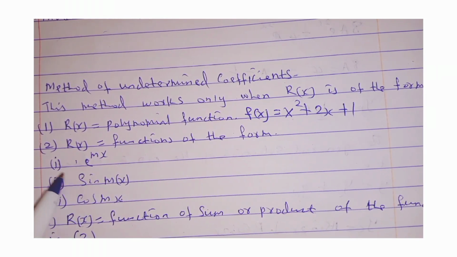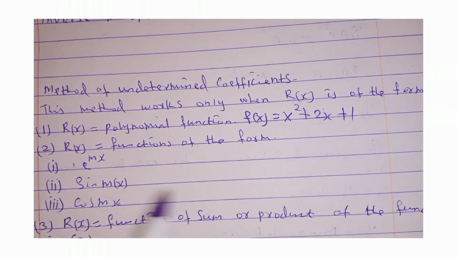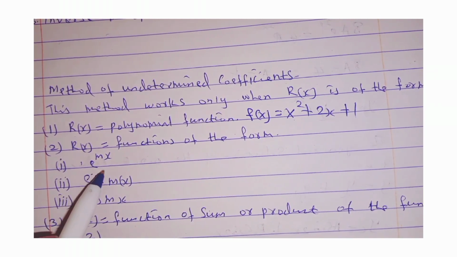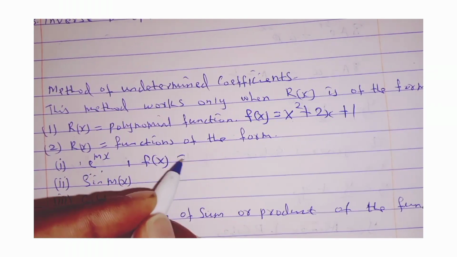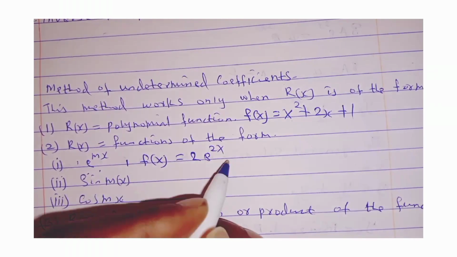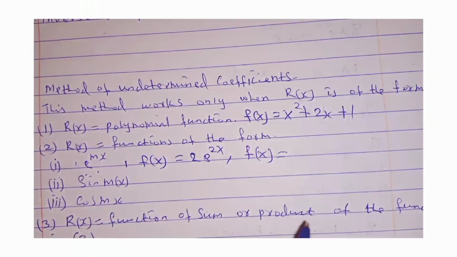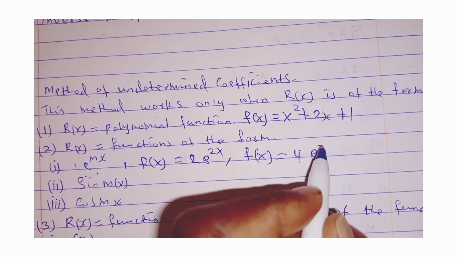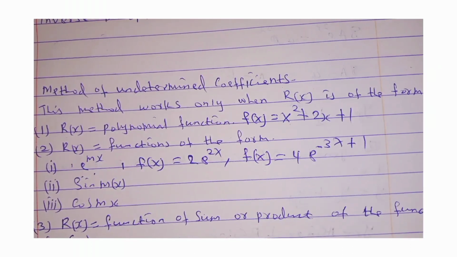Number two, R of x is a function of the form e to the power of x. For instance, you could have f of x equals 2 exponential 2x, or f of x equals 4 exponential negative 3x plus 1.